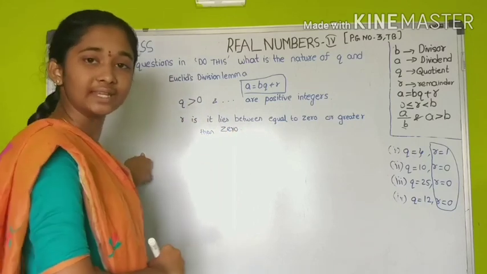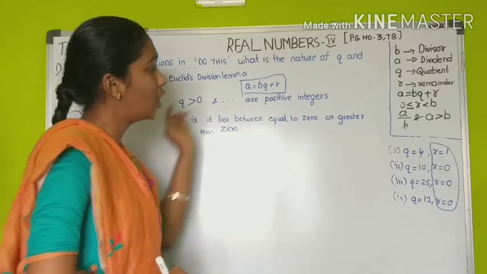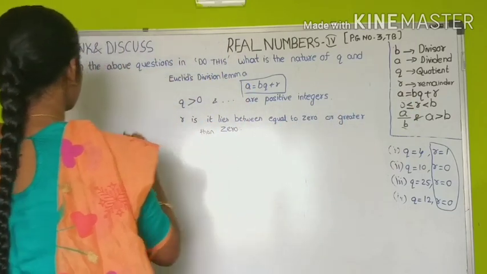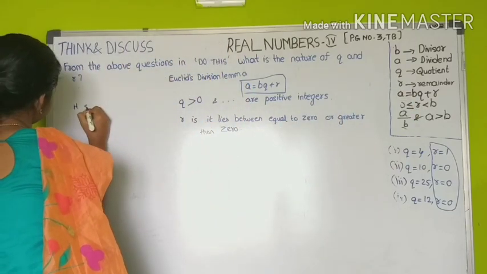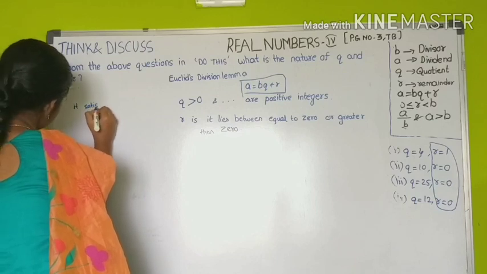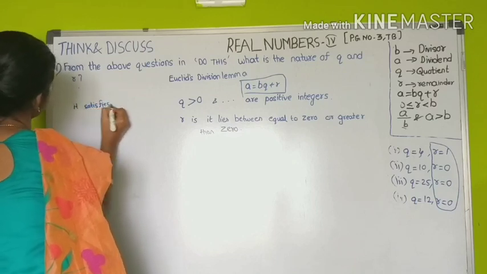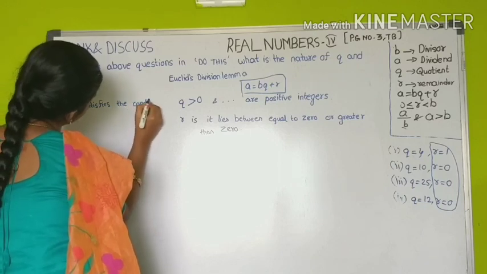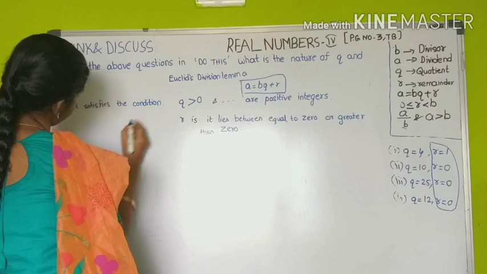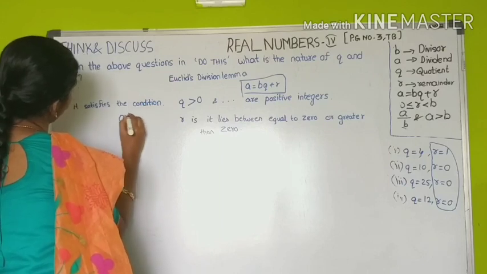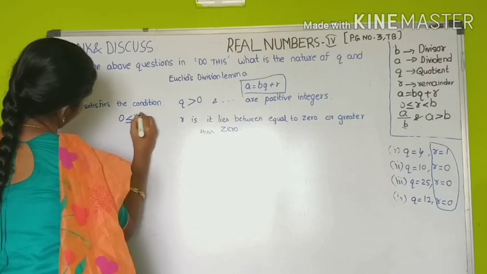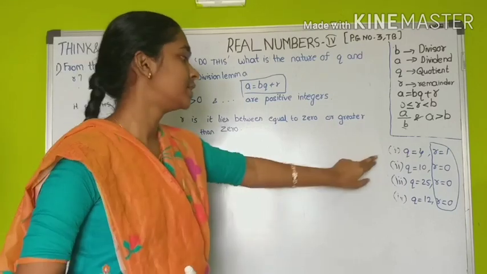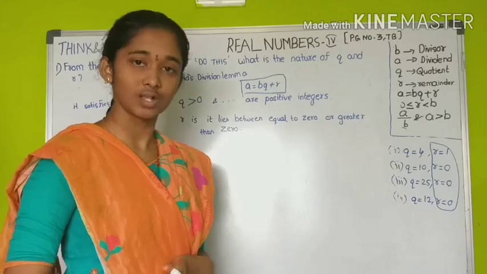Or we can simply write that it satisfies the condition 0 is less than or equal to R, and R is less than B, in all problems in Do This, and it is also applicable to all divisions.